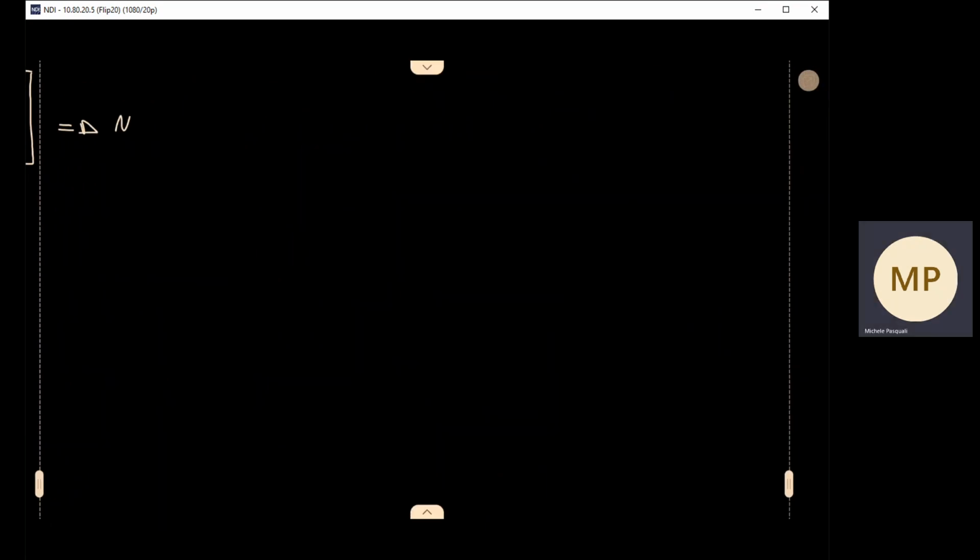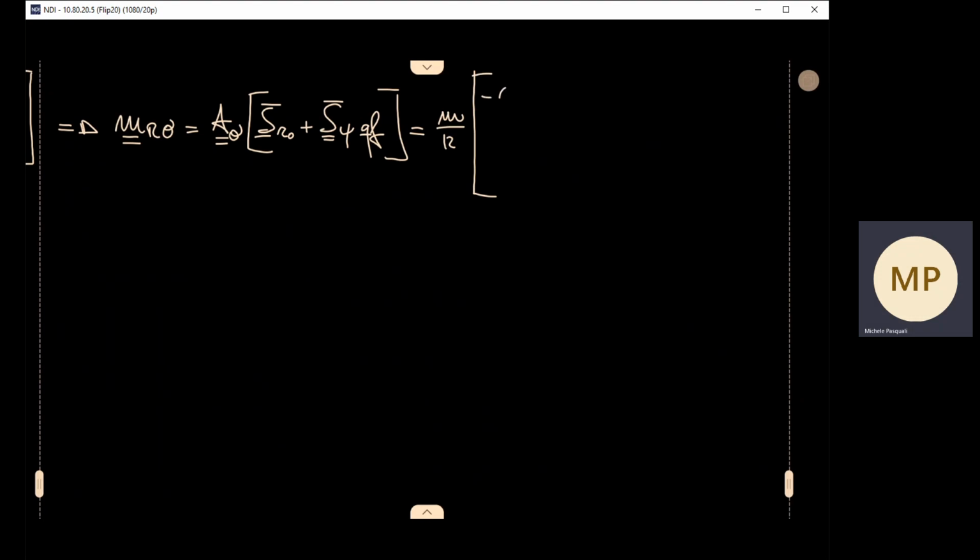So eventually we have that m r theta, which is A theta applied to SR0 over bar plus S psi applied to QF, becomes m over 12 applied to minus 6 L plus QF4 times the sine of theta, minus L QF3 minus QF6 times the cosine of theta.